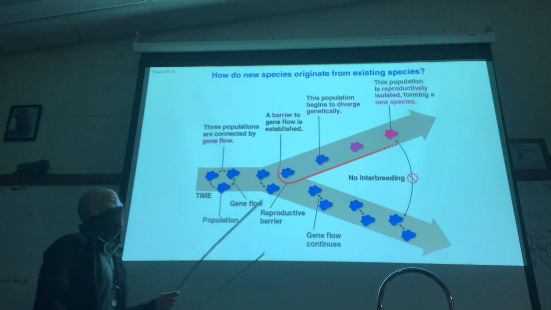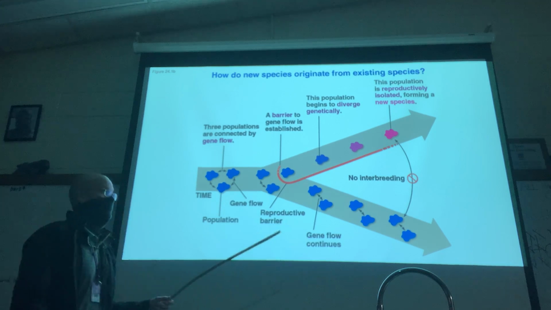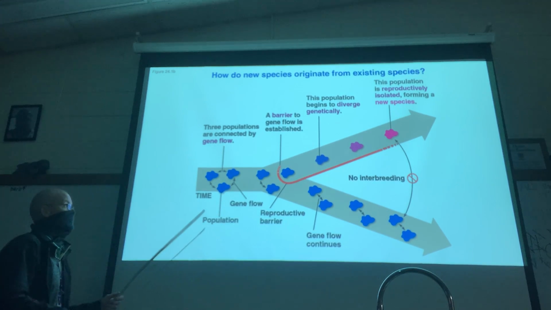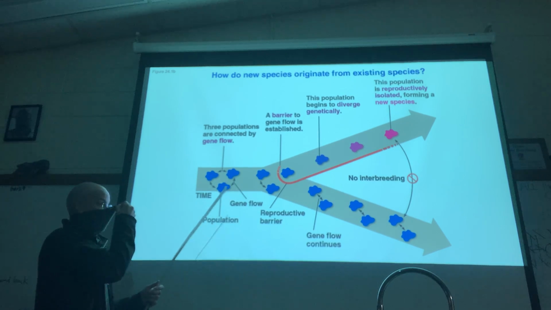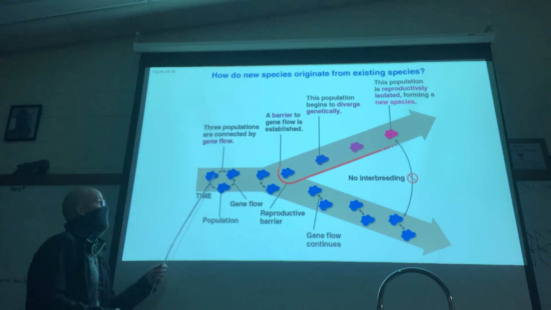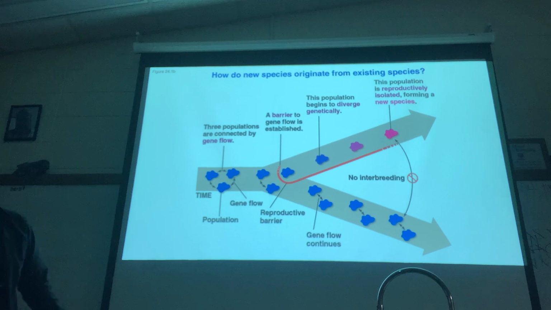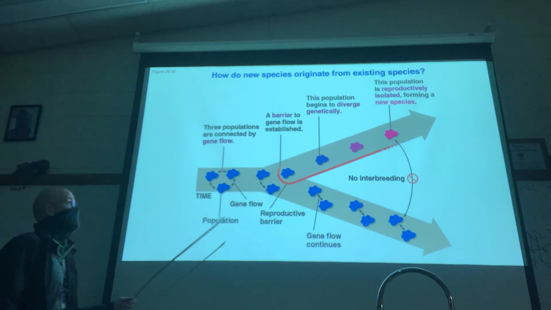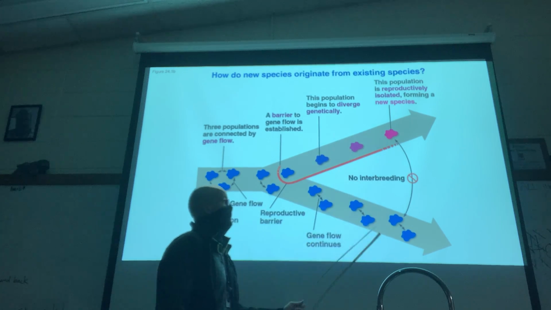So what chapter 24 is looking at, and we're going to zip through a number of different things and wrap up here in a second, is how multiple populations of the same species can, over time, branch off from one another.